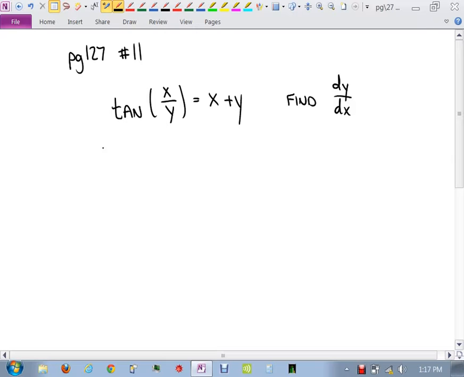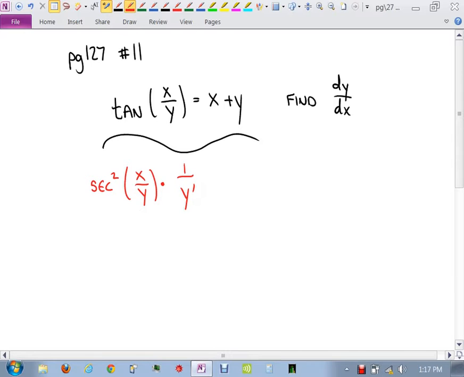On the left side of this equation, here I come with my differentiation. I have to use what rule on the left side? Chain rule. And then inside the chain rule, I actually have quotient rule. What's the derivative of tangent of something? Secant squared of that junk, which is x over y, times the derivative of what's inside. I'm going to use the quotient rule. You don't just take the derivative on top and bottom, someone's not going to do this, 1 over y prime.